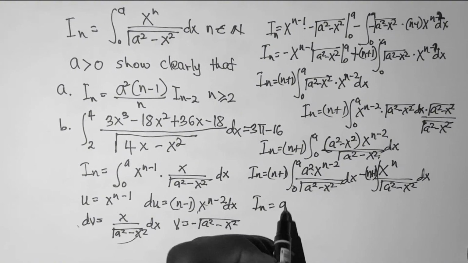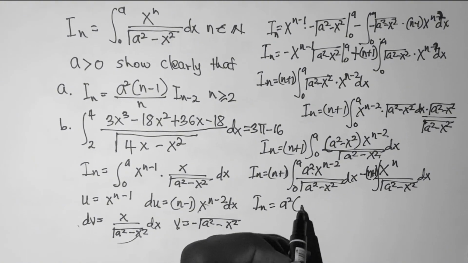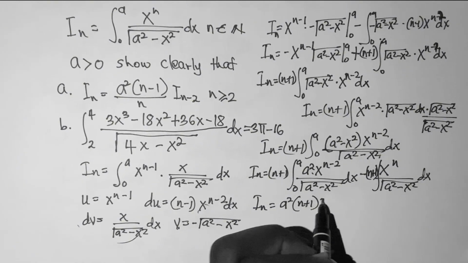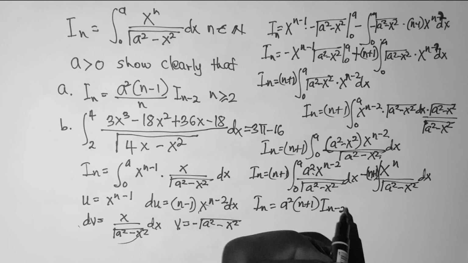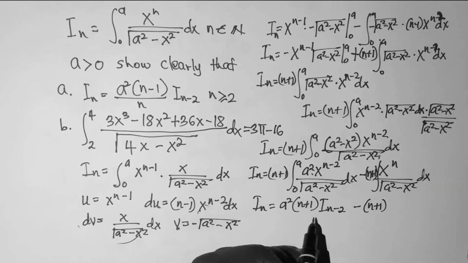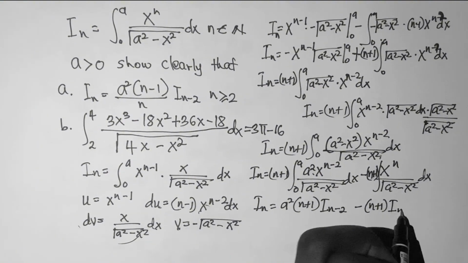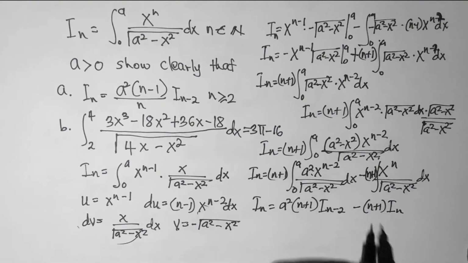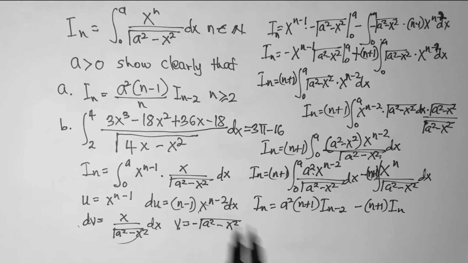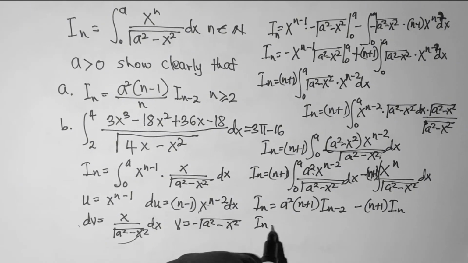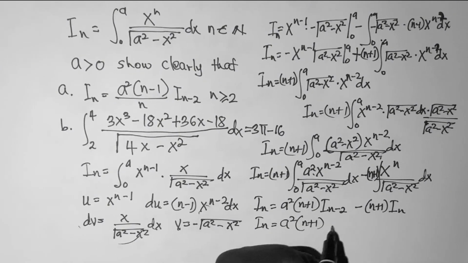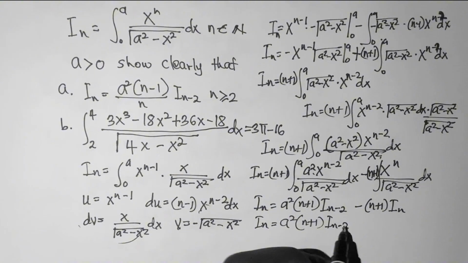If you bring a squared out, you are left with (n minus 1), then all of this becomes I of n minus 2. Then minus (n minus 1), then all of this is I of n. So we can further expand this bracket. So I of n is equal to a squared times (n minus 1) I of n minus 2.